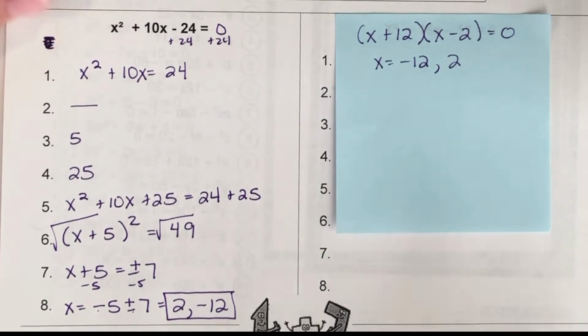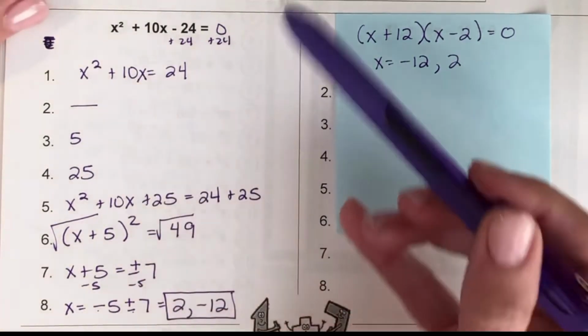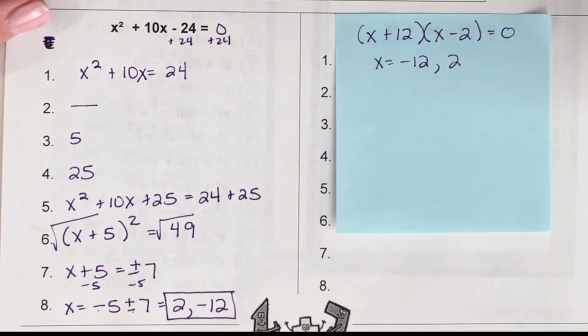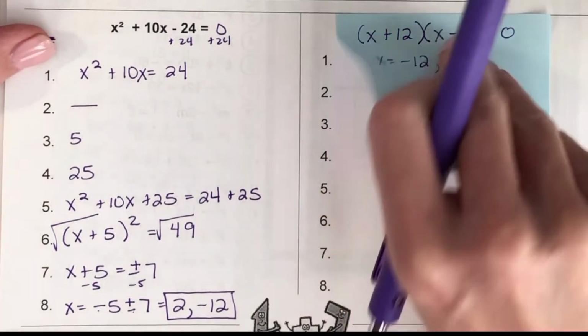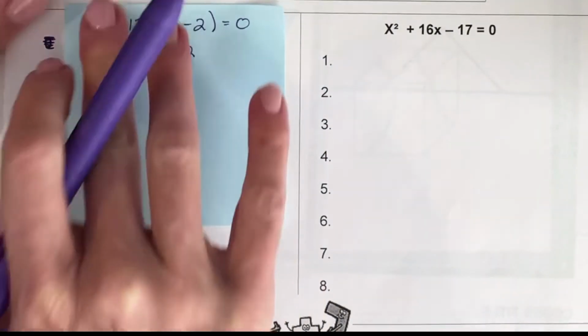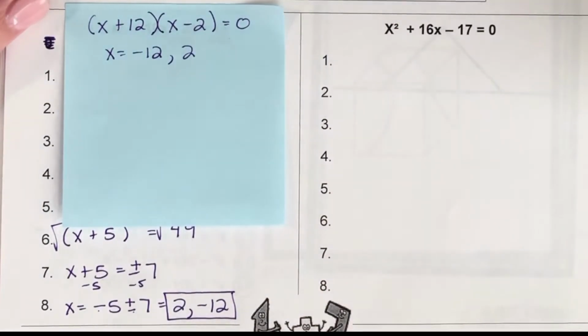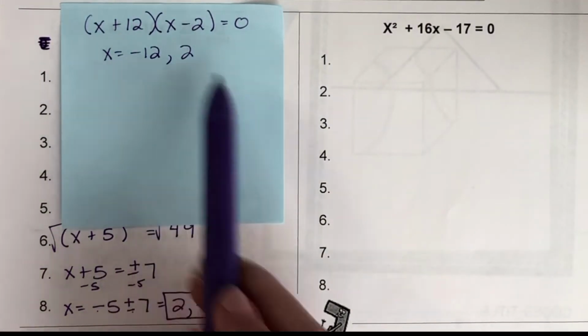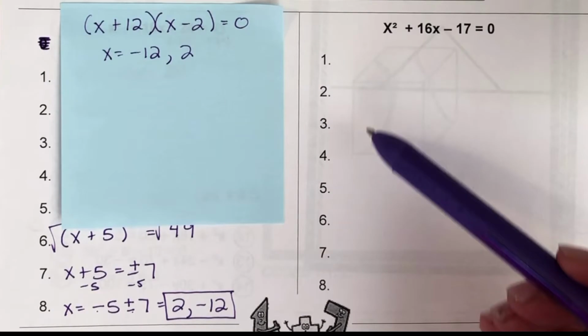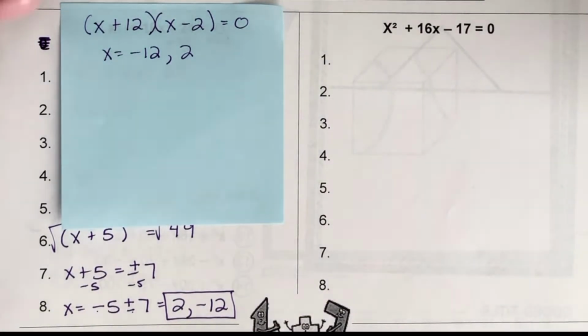So that is how to solve this problem using the completing the square method. Let's go ahead. You try it for this problem. Factor it first to see if it factors nicely, and then go ahead and do the steps for completing the square to see if you can do the steps.